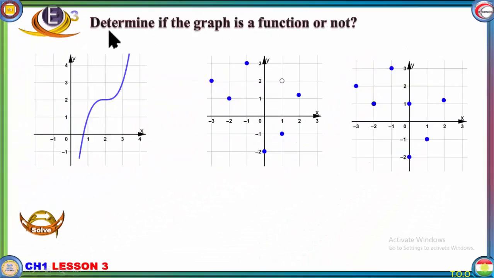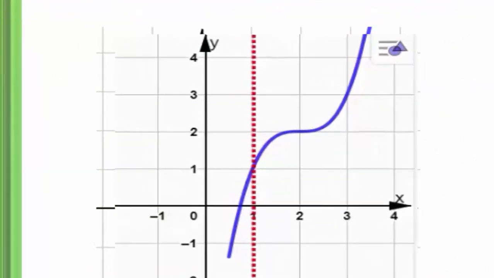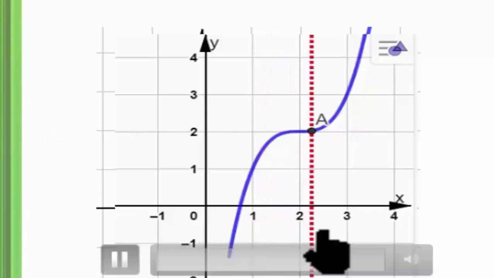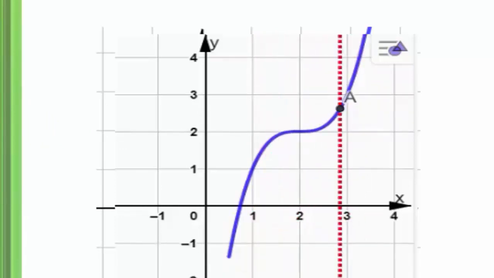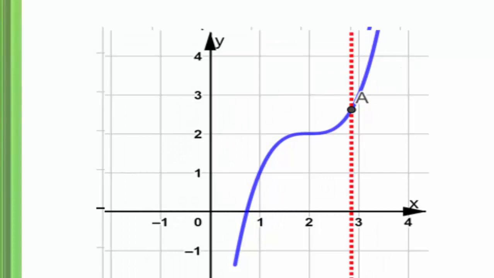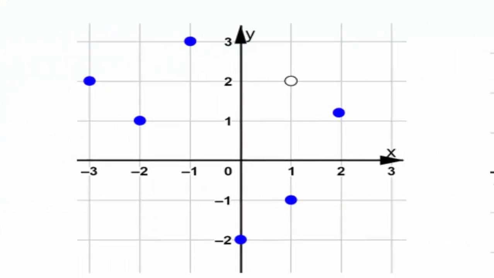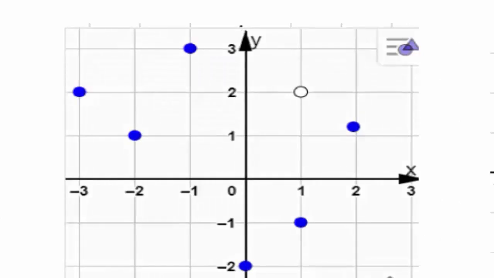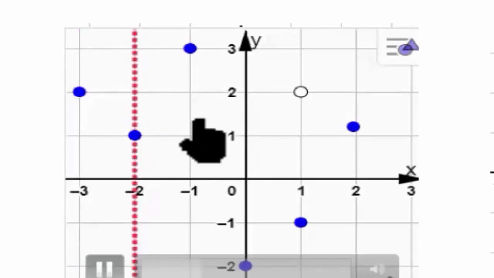Example number 3. Determine if the graph is a function or not. Draw the vertical line. You can see that this vertical line cuts the graph of the function only once, in point A. Therefore, it is a function. The second graph, you can see the vertical line cuts only in one point.